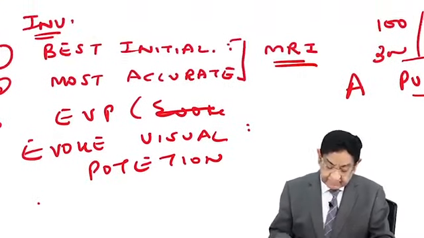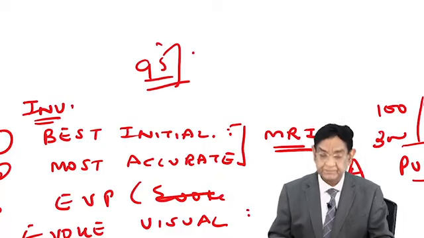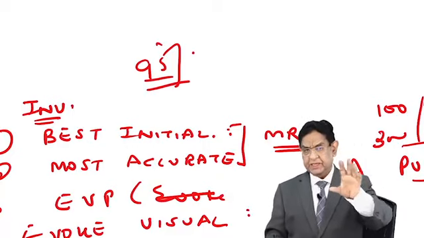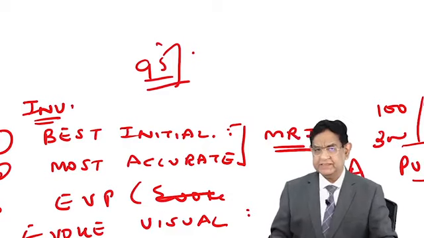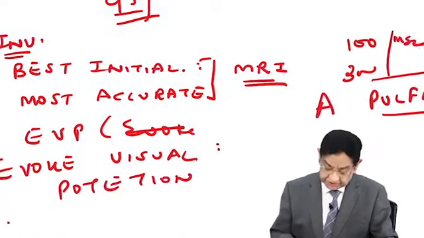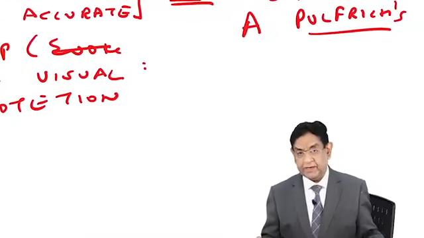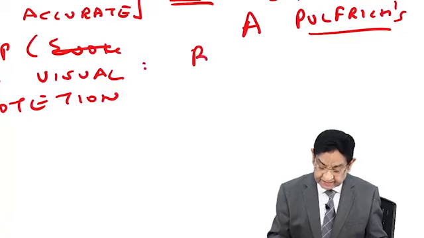Now MRI is positive in 95% of cases. It can give you evidence. But in 4 to 5% of cases, even MRI may not give you important features. So whenever we are talking about MRI, brain MRI is done beyond doubt.